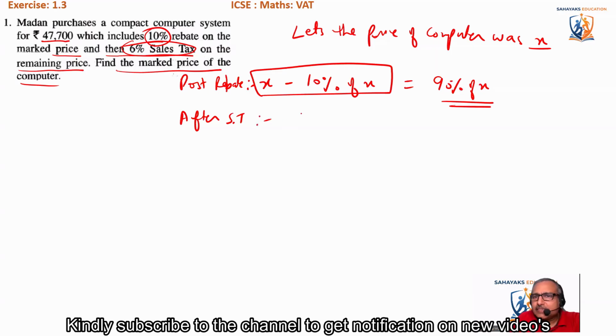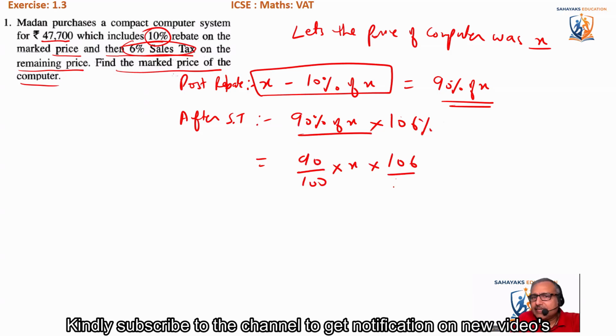So 90% of X multiplied by 106%, because 106% is the price with tax added. So let's calculate this. It is 90 divided by 100 into X multiplied by 106 divided by 100, and this value comes out to be 47,700. In one equation we can directly solve this.